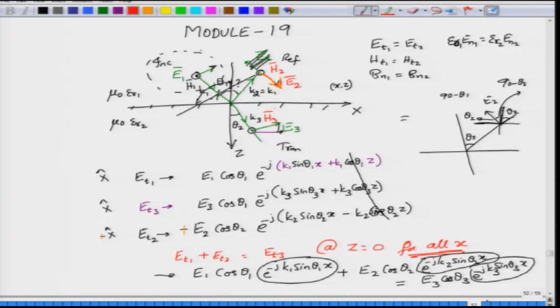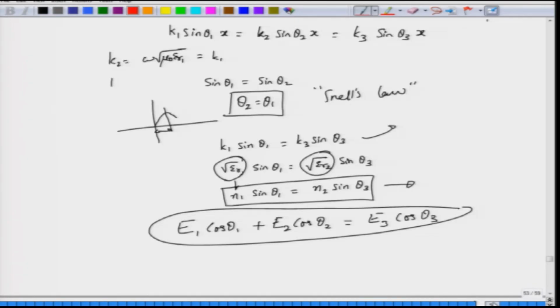In all these cases the magnetic fields are in the perpendicular direction, except that for the reflected field we make the magnetic field go in the opposite direction, so that E cross H would be propagating along the minus Z direction. If you take H1 to be upwards, E cross H would propagate in this direction. E cross H in the second medium would also propagate in the given K3 direction. If you reverse the direction of H2 to downwards, E cross H would propagate in the K2 direction.